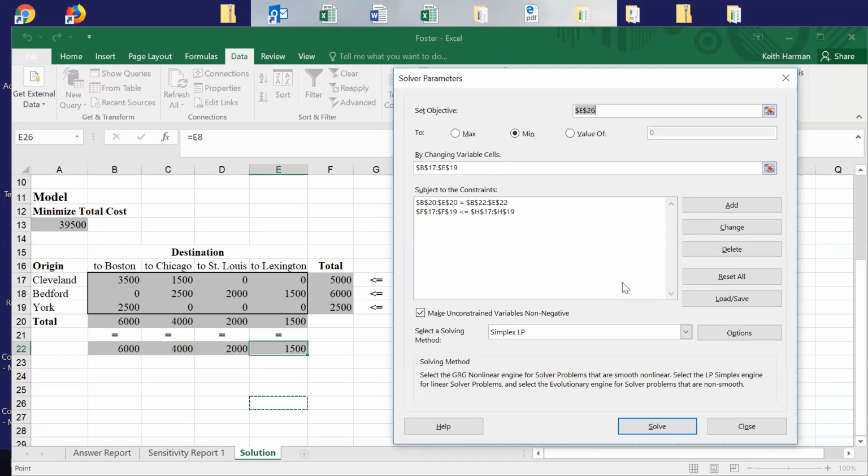When we use one of these problems, as I said before, this is a real simple problem, very, very simple. And that's why I ask you just to plug in some data and play with the model, change some of those costs and see what happens. That's why I put it in there.